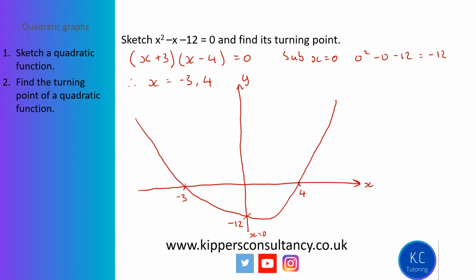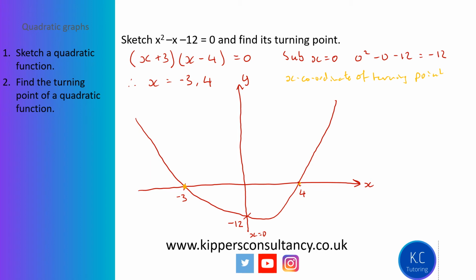The other thing we'll see is that the x-coordinate of the turning point occurs halfway between the two roots. To find the x-coordinate of our turning point, we find the average of the two roots.